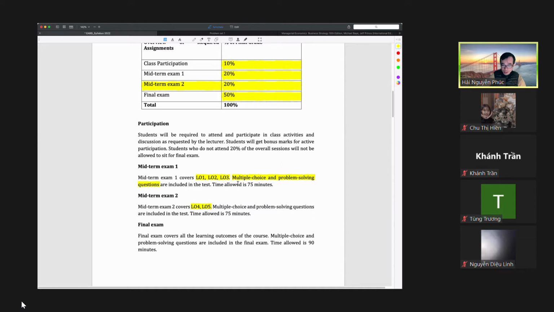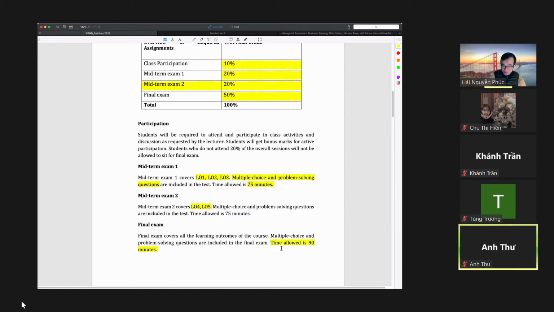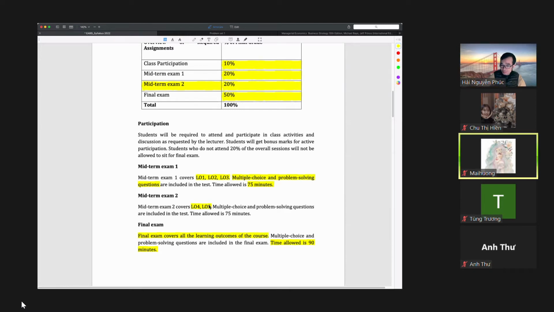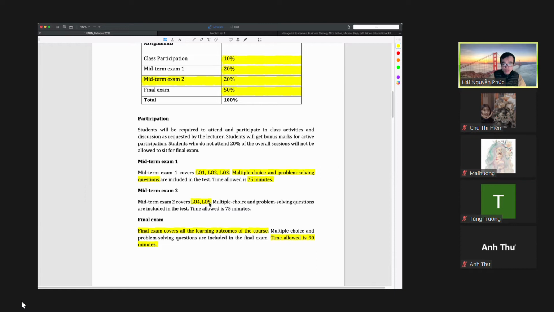For the midterm exam, the time limit is 75 minutes. For the final exam, the time allowed is 90 minutes, and it will cover all the learning outcomes of the course, from the first one to the 5th one. Of course, I'm going to make an announcement roughly a week before the midterm exam.